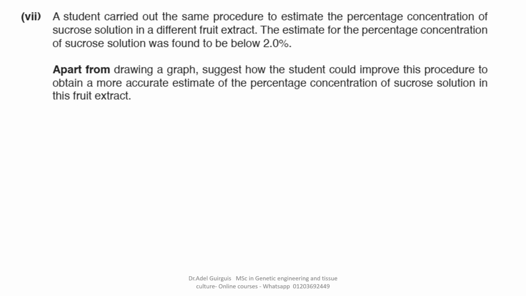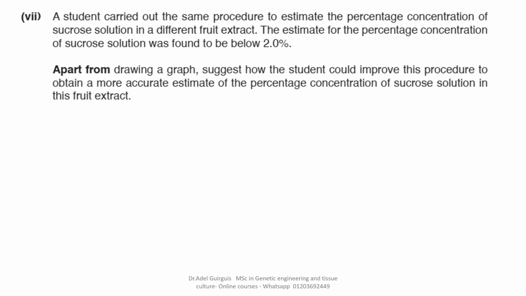Now for VII, a student carried out the same procedure to estimate the percentage concentration of sucrose solution in different fruit extracts. The estimate for the percentage concentration of sucrose solution was found to be below 2%.